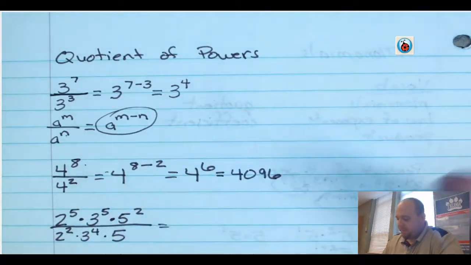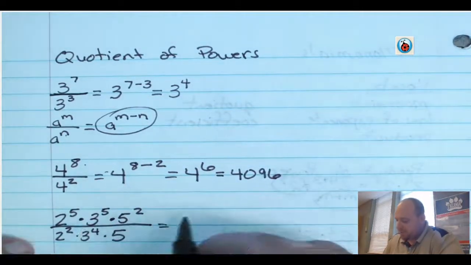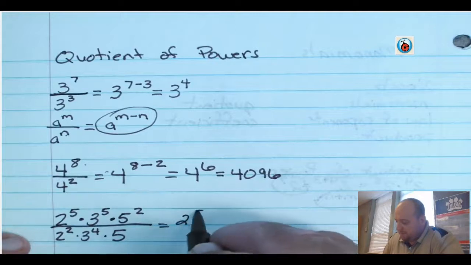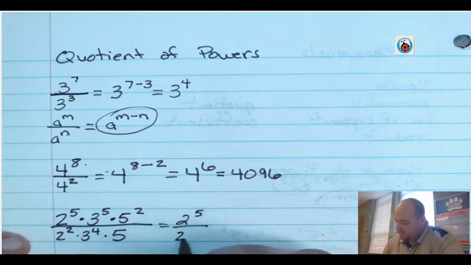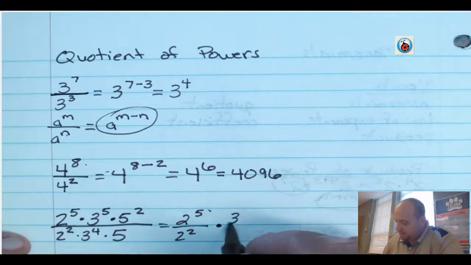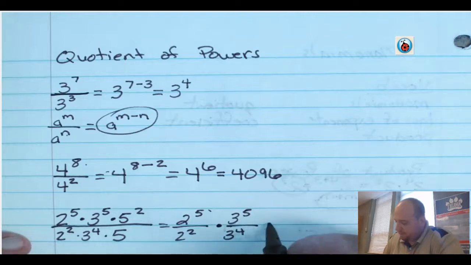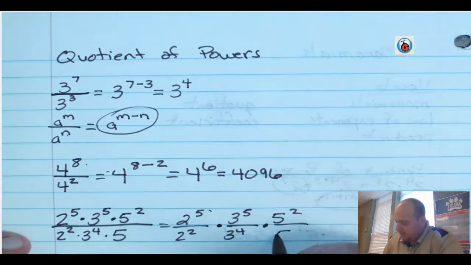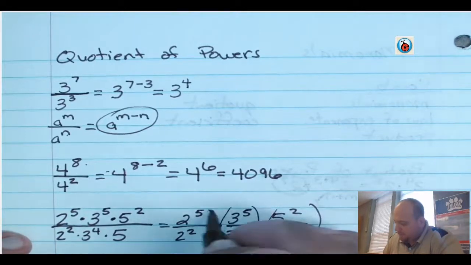What I want to do is kind of separate them but keep it multiplication. So I'm going to rewrite this problem as 2 to the 5th over 2 to the 2nd times 3 to the 5th over 3 to the 4th times 5 to the 2nd over 5 to the 1st power. If you want to put them in parentheses, you can. You don't have to.